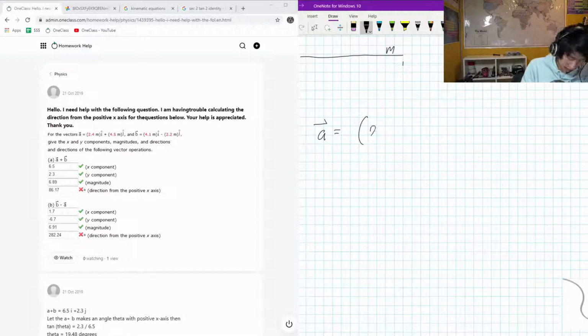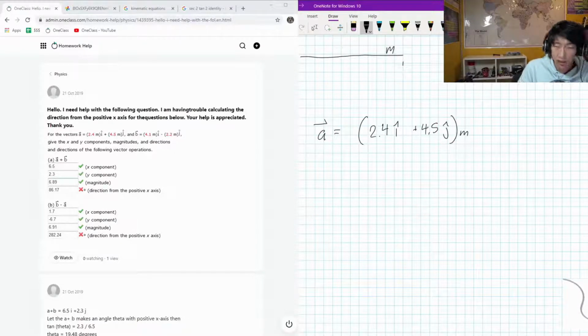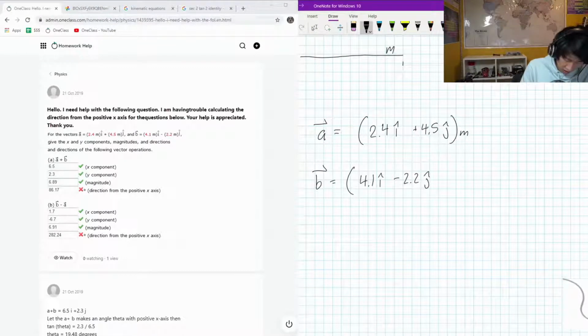So 2.4 in the i direction plus 4.5 in the j direction, and that's all meters. And our second vector b is another two-dimensional vector, 4.1 in the i and negative 2.2 in the j.